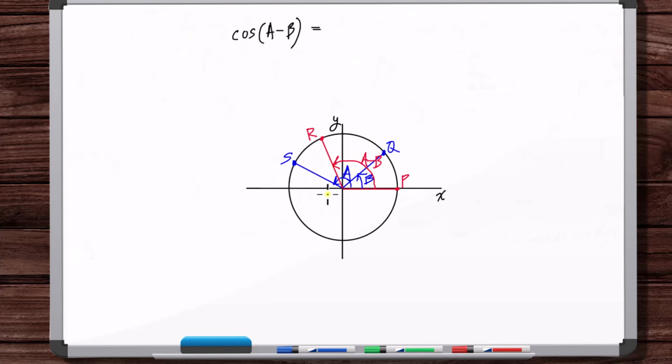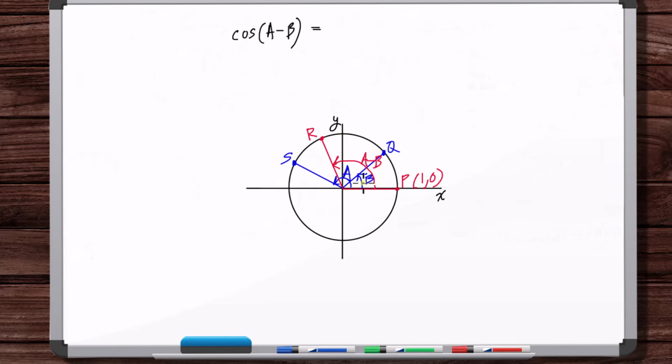Now what we want to do is write the coordinates of each of these points on the unit circle. Point P has coordinates 1, 0. What are the coordinates of point Q? One of the advantages of the unit circle definition of trig functions is that the coordinates of points on the unit circle are defined explicitly in terms of the trig functions.